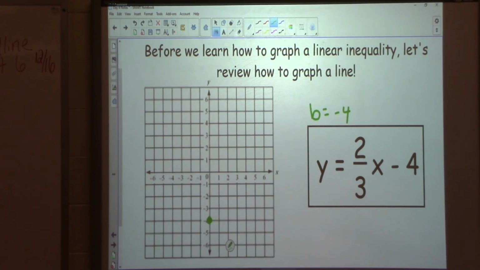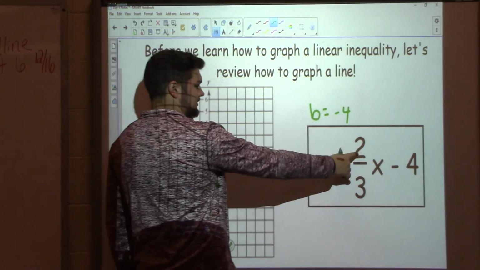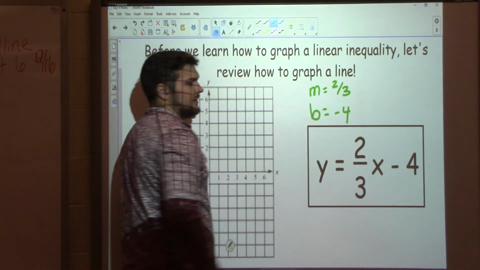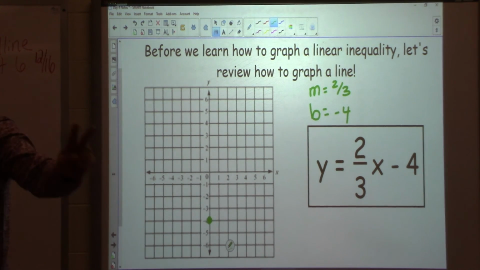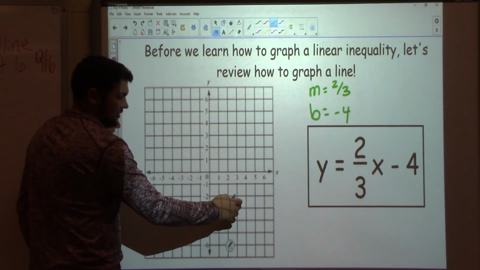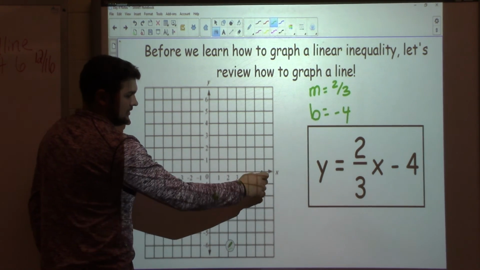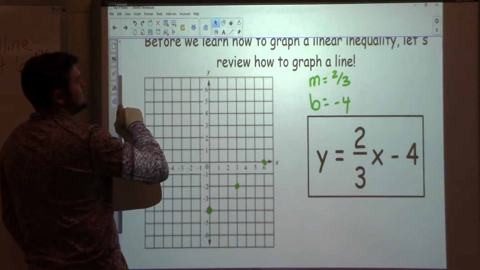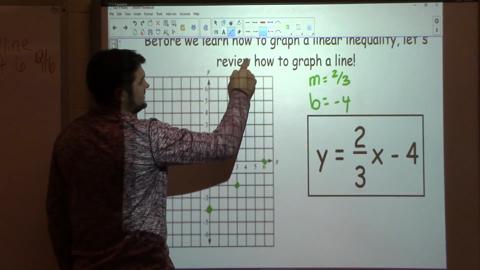What else is really important to help me graph it? The 2, okay. Well, 2 is with something else. 2/3, right? My slope is 2/3. 2 up, 3 over, right? Rise over run. So up 2 over 3. Up 2 over 3. And then I can draw my line out once I have a couple points by using my straight edge.